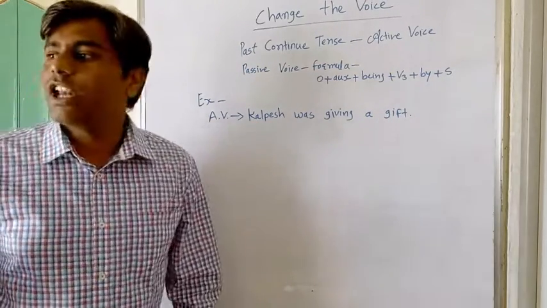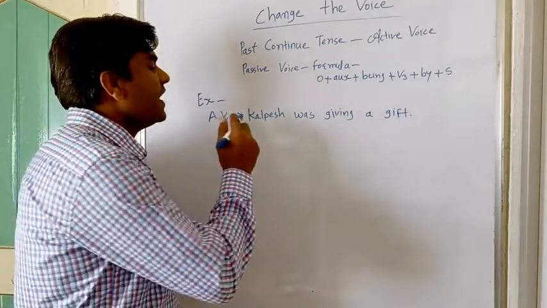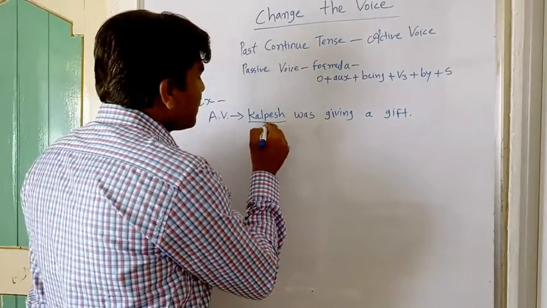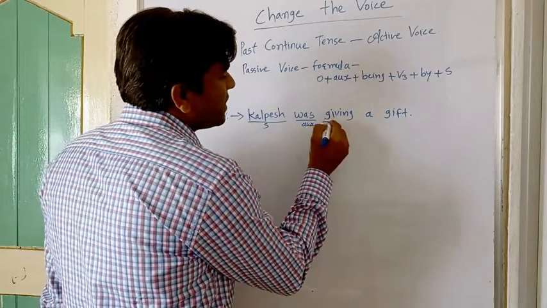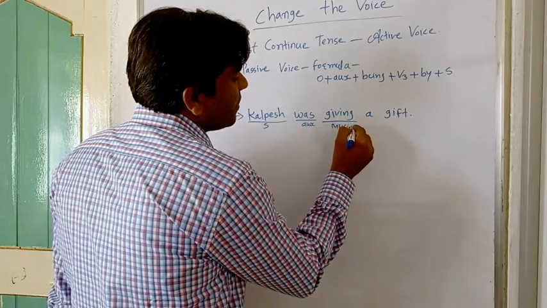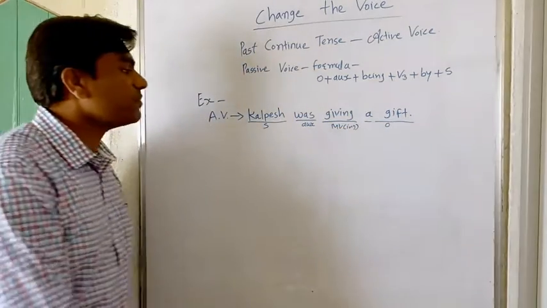Okay. At the very first, we'll identify the sentence. Nikita, we'll identify the sentence. It is the subject. It is the auxiliary verb. It is the main verb plus ing. Okay. It is the object.